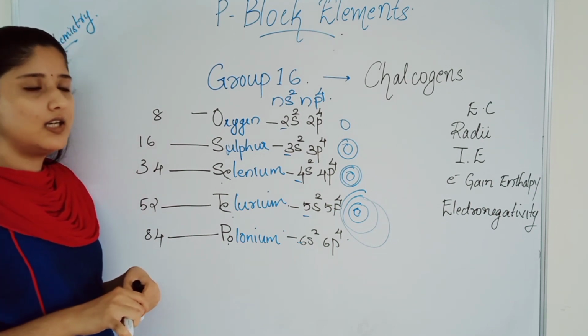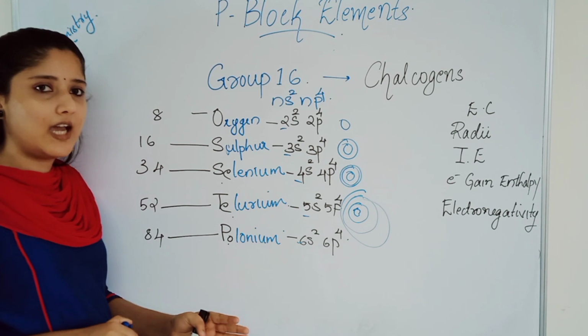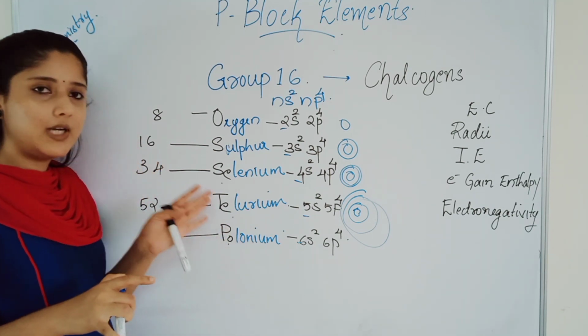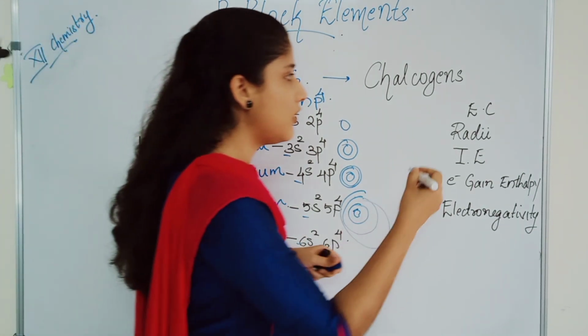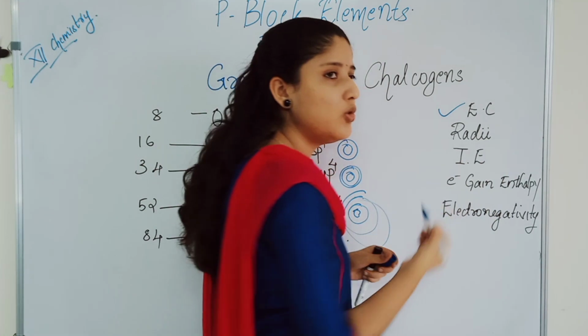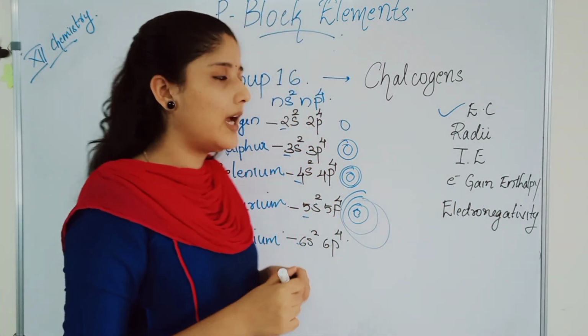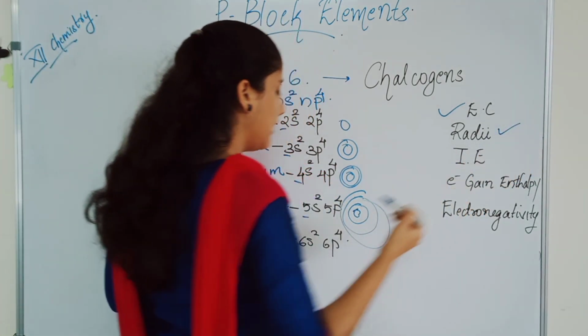As a result, the atomic radii or ionic radii increase from oxygen to polonium. That is the first thing we studied, electronic configuration, ns2 np4. Next, atomic or ionic radii increase from top to bottom.